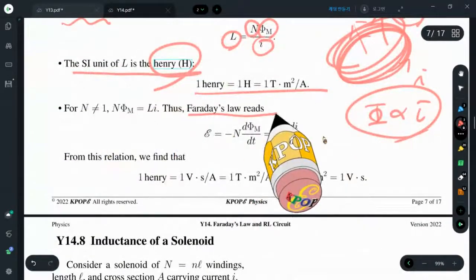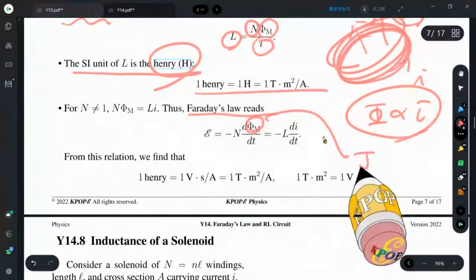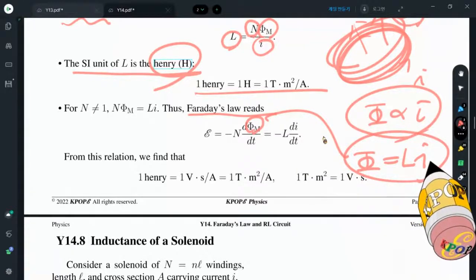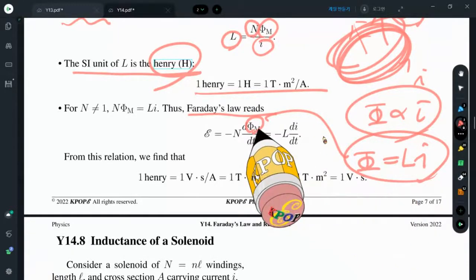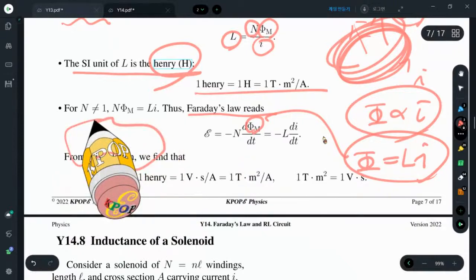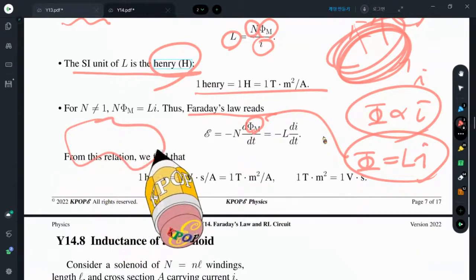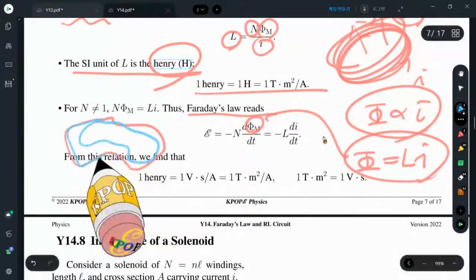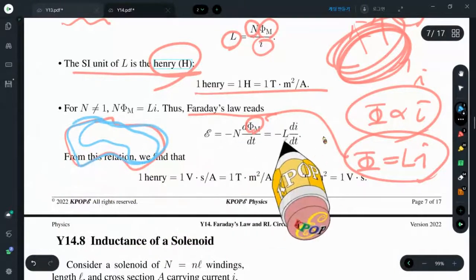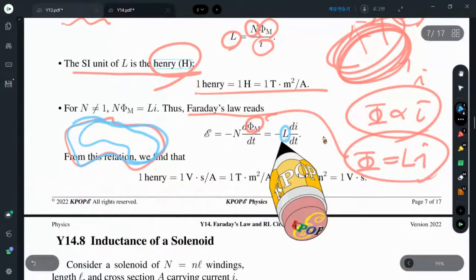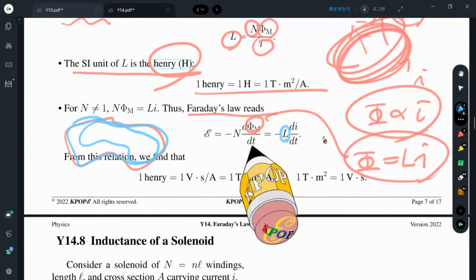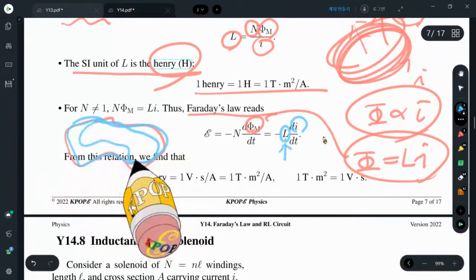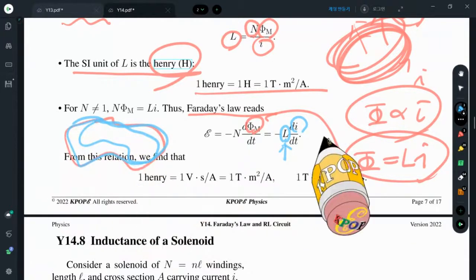Substitute into Faraday's law, phi equals L i. Inductance multiplied by current is substituted. Inductance may vary if we deform the circuit, but if the circuit's geometry is fixed, then L can be treated as a constant. So the time derivative is applied to the current only if the circuit is stationary.